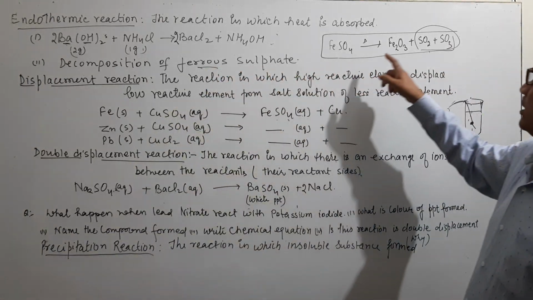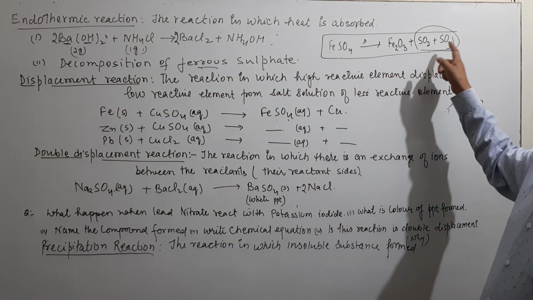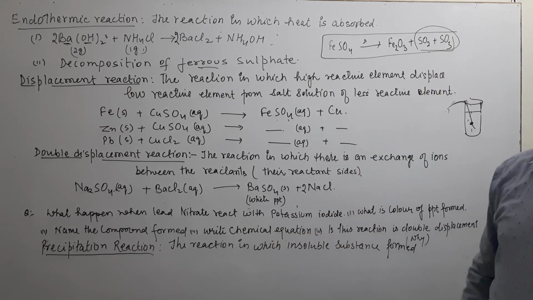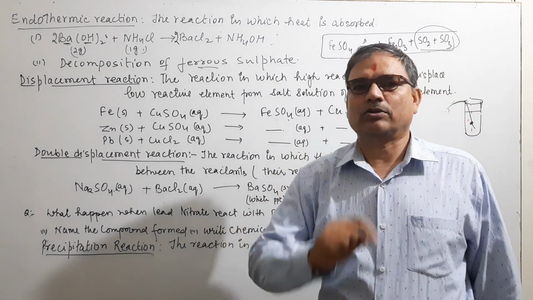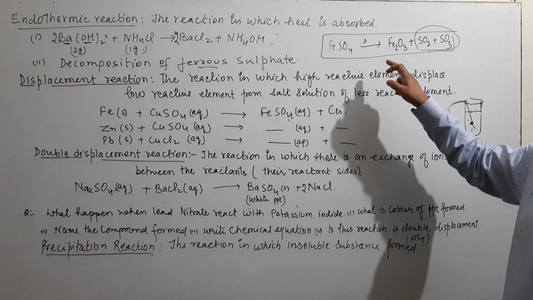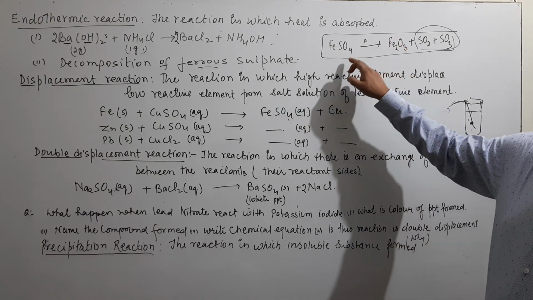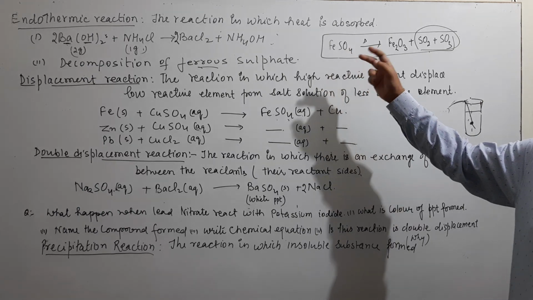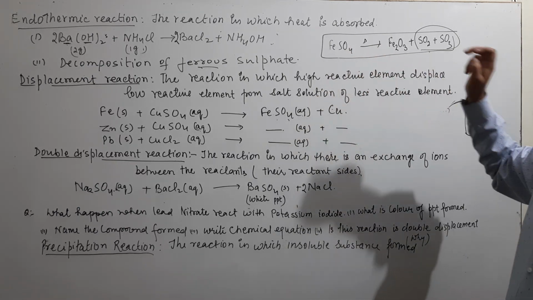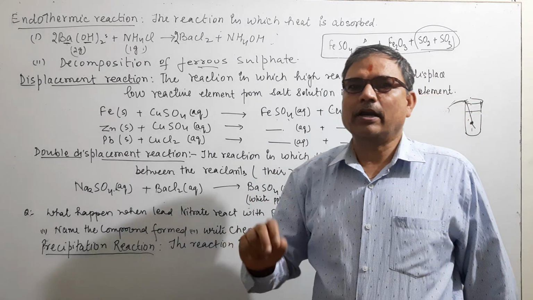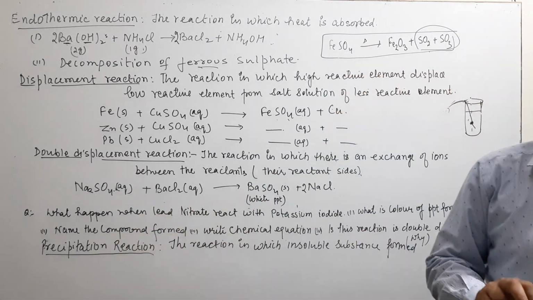You will answer: ferric oxide, sulfur dioxide and sulfur trioxide. Second question, name the type of reaction. This is a decomposition reaction which requires heat, so it is thermal decomposition. Name the gases released: SO2 and SO3.